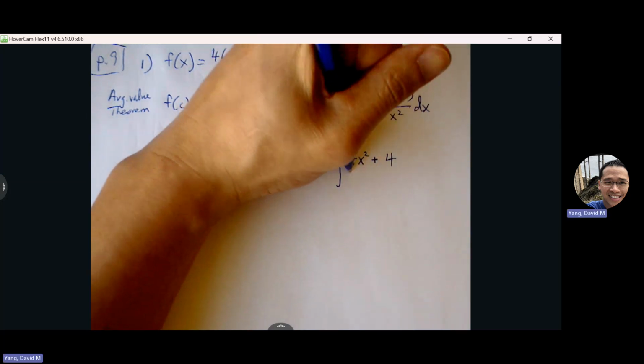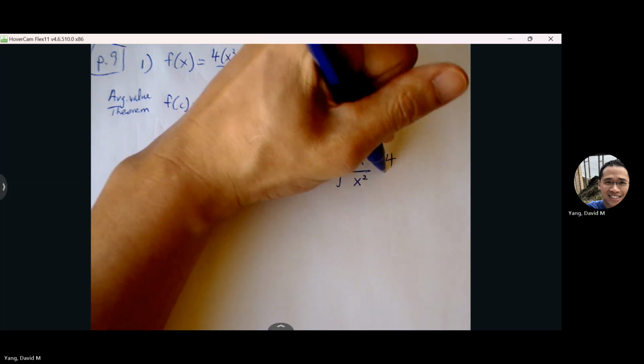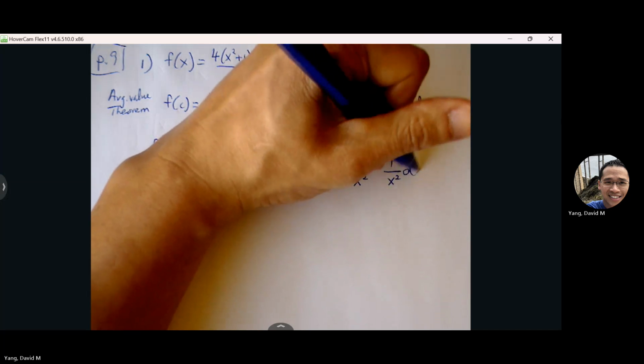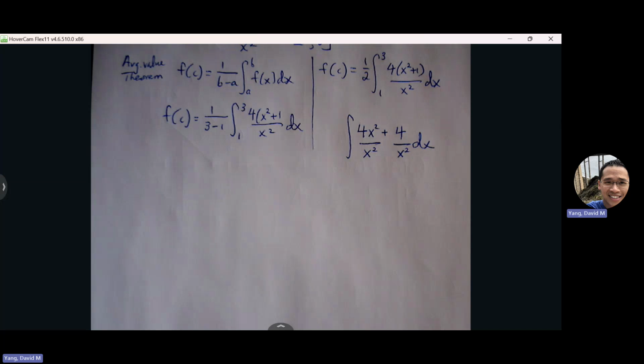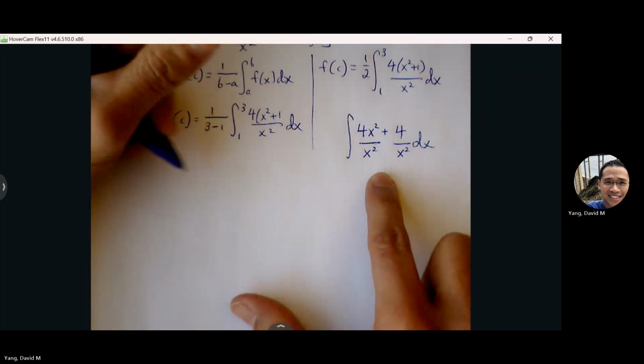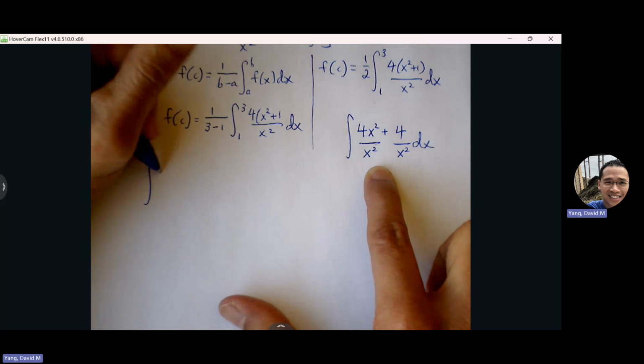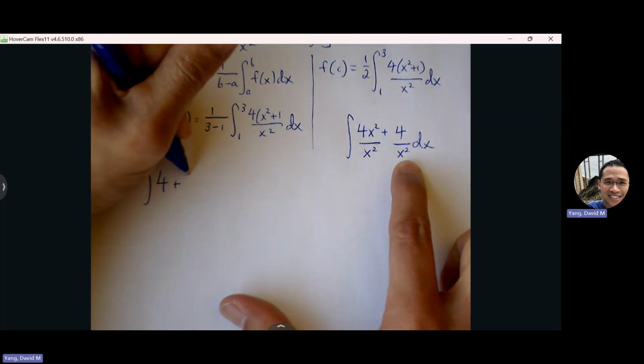I'm going to distribute that parentheses through and get ready for the power rule that I'm going to apply. The x's cancel out. I'll bring this x up to the top.